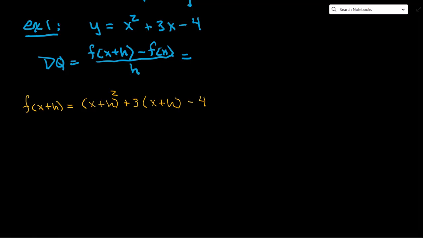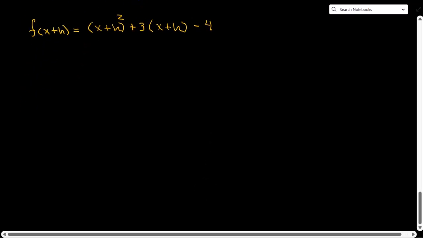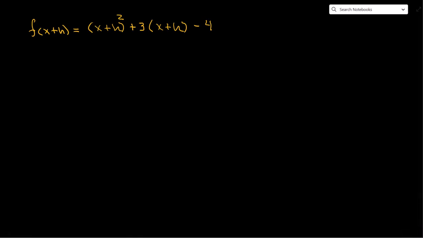When you are computing what f of x plus h is, it starts out fairly small like this. It's going to expand and get really messy. And then in the end, when we do the subtraction of f of x, things will settle back in and be a lot less complex than what they are looking to be here pretty soon.